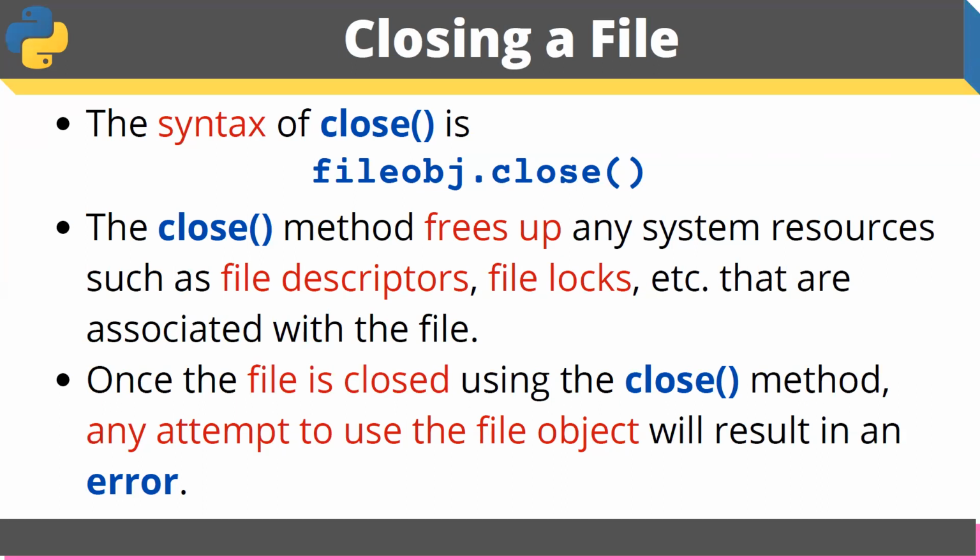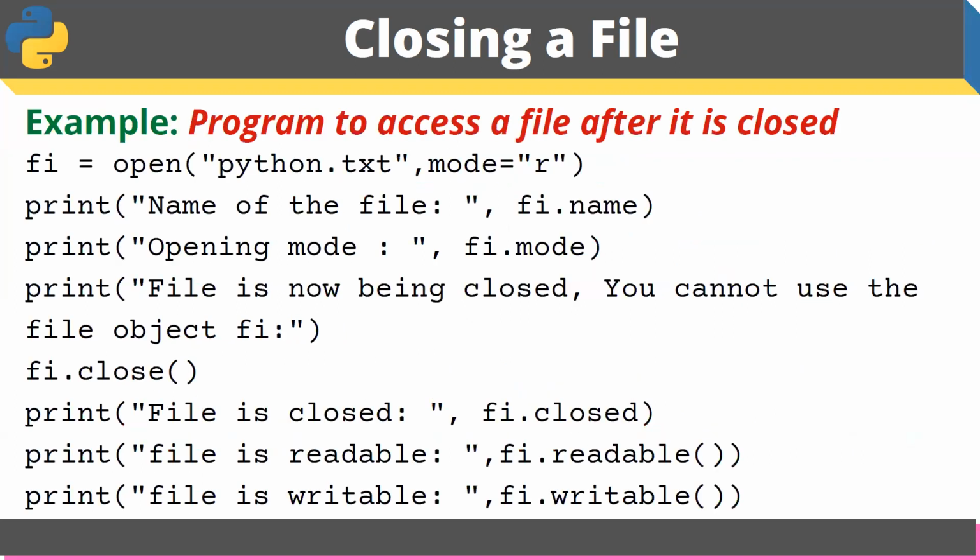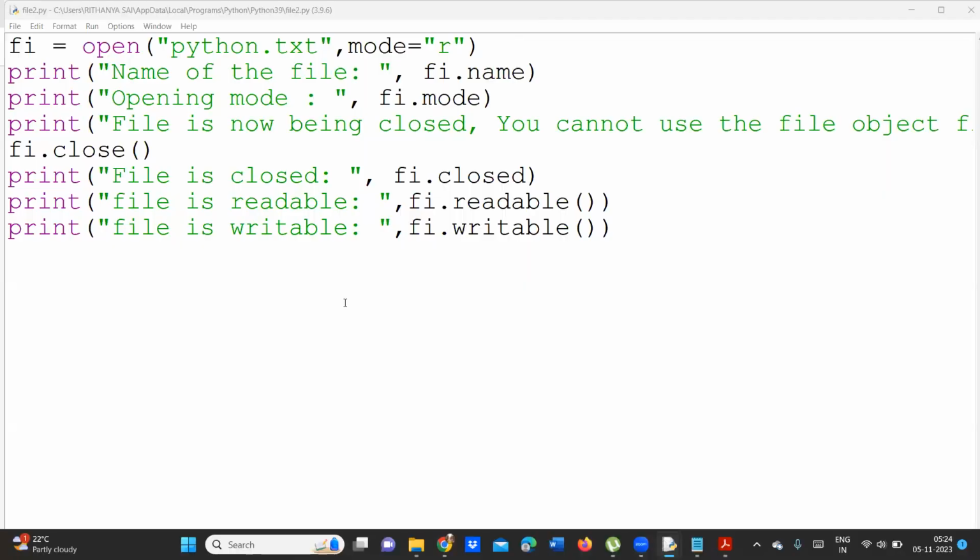Once the file is closed using the close method, any attempt to use the file object will result in an error. Now we will see a program to access a file after it is closed. This is the example program for closing a file and seeing what happens if we access the file after closing it.